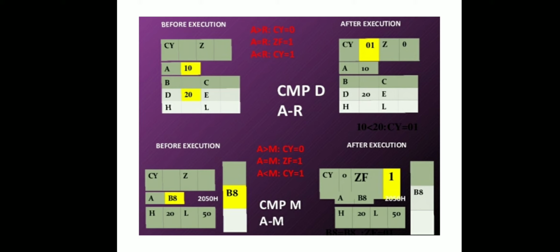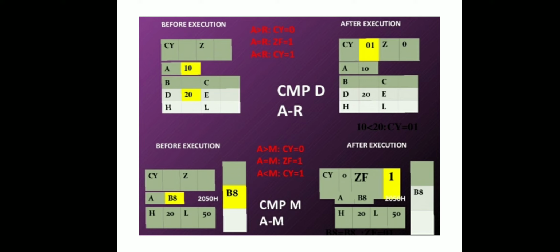As shown in this example, if the content of register D is greater than the content of the accumulator, then the carry flag becomes set, which shows the register is greater than the content of the accumulator. And both the data are not changed.